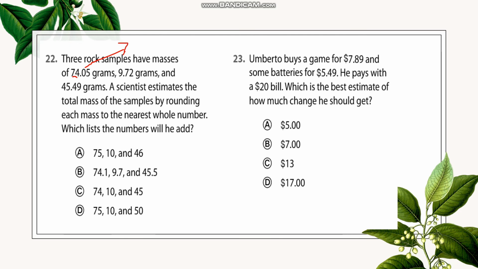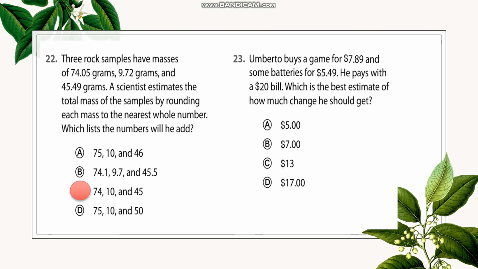So this 74.05 becomes 74. The whole number here is 9 followed by 7. So this becomes 10. And 45 is the whole number followed by 4. So the same as 45. So the possible answer is 74, 10, and 45.